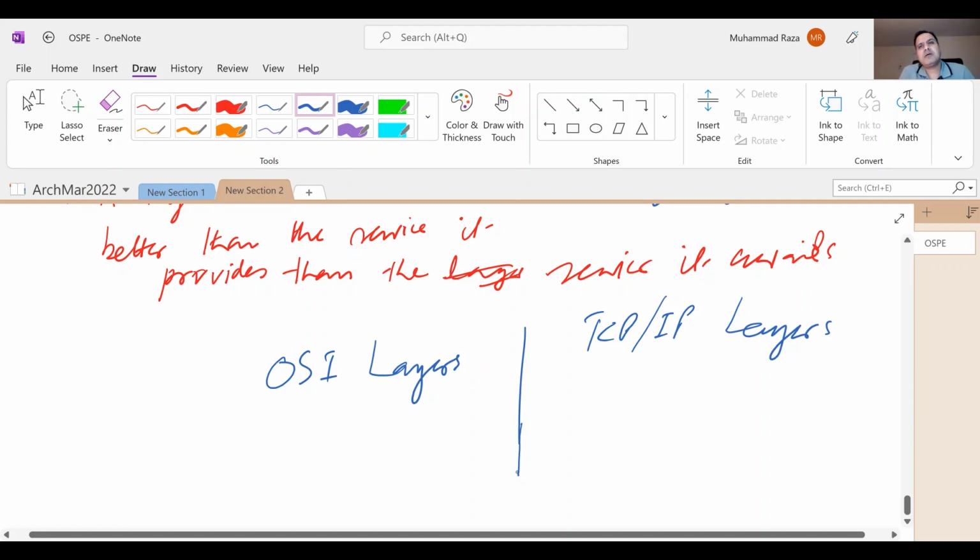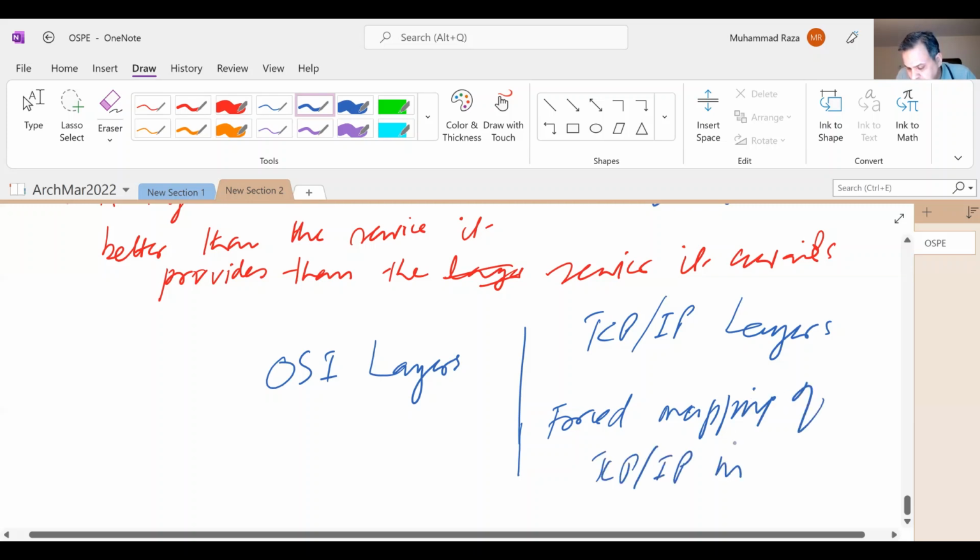I don't want to get into this discussion, but there has been a discussion because they try to force a mapping of TCP/IP into OSI layers.